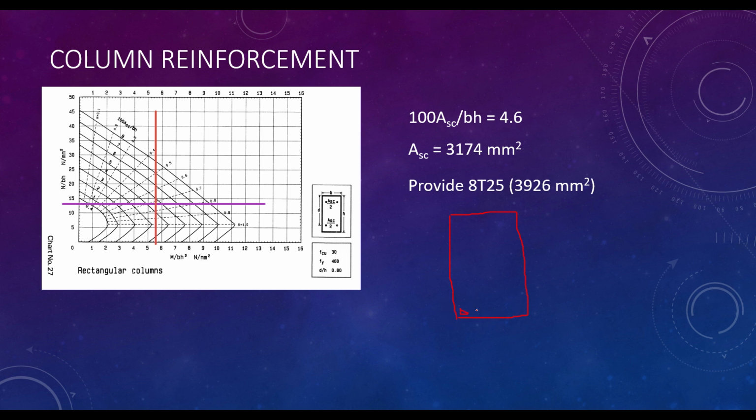reinforcements. So that means you have to have 4 reinforcements at the bottom or at one face, and then 4 reinforcements at the other face. While this side is 230, this is the detailing of the column, and then this side is 450. So sorry, it's 300.